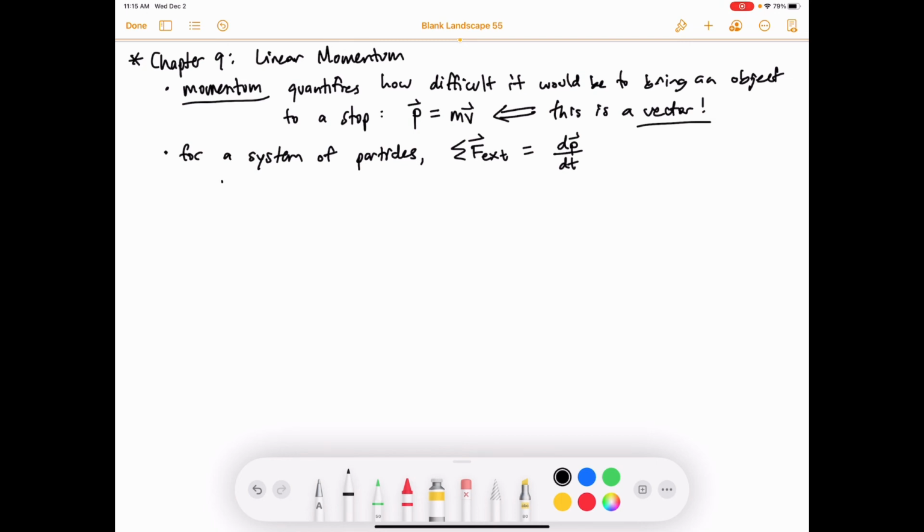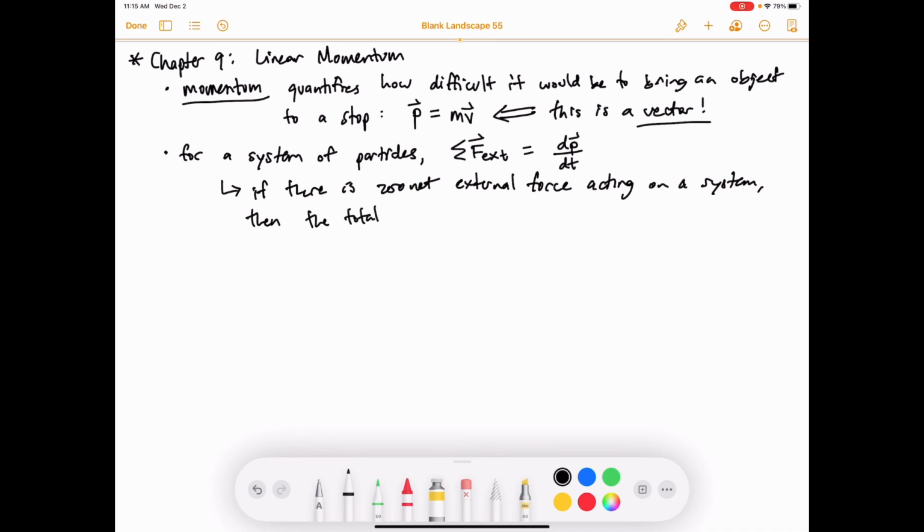And so this leads us directly to an idea called conservation of momentum, because if there is zero net external force acting on a system, then the total momentum of that system is conserved.